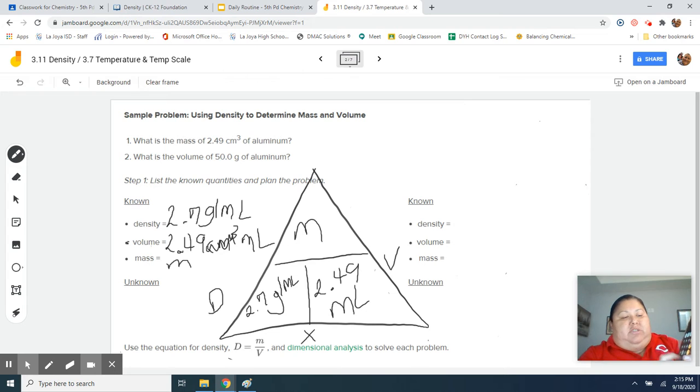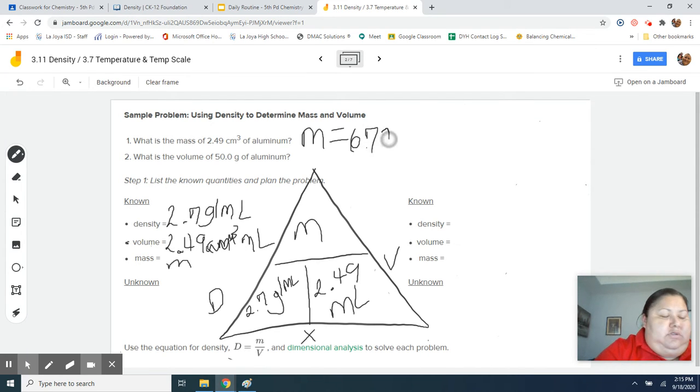We're going to punch in 2.7 times 2.49, and we're going to get 6.723. Okay, so I'm going to go here on top and put mass equals 6.72 grams, right? Because we know it's mass.